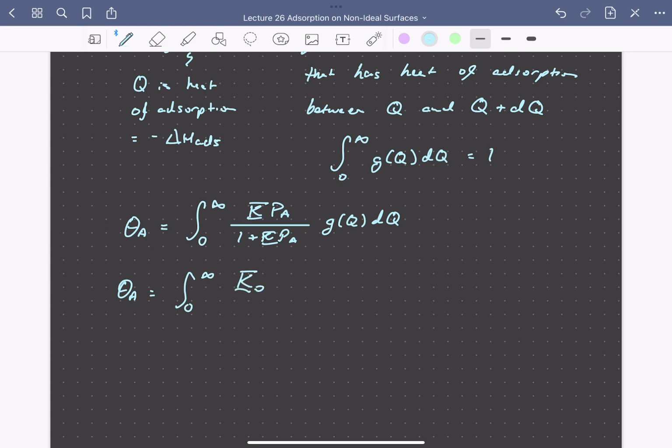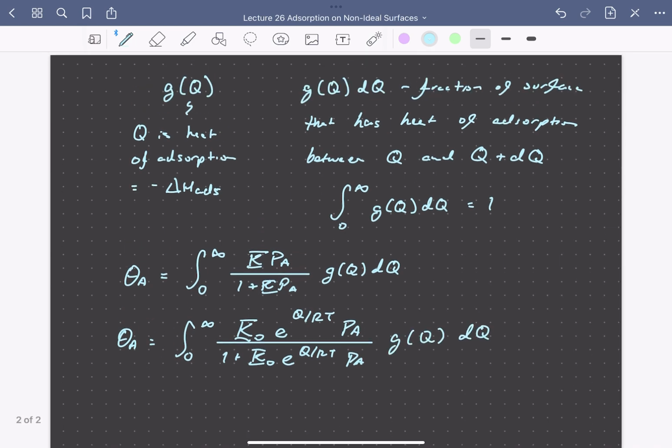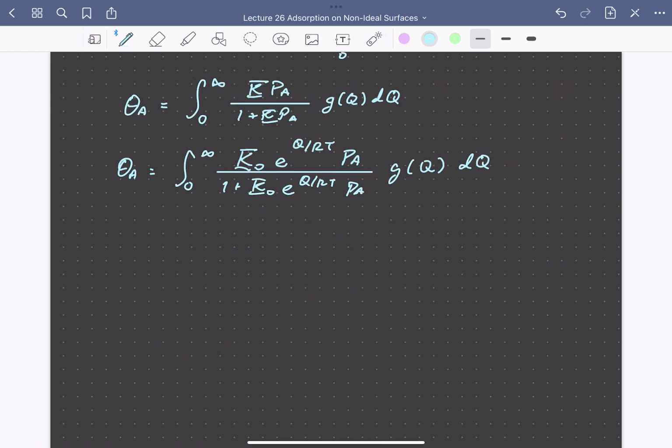We can write the entropic contribution as just a prefactor, K naught, and this depends on e to the minus delta H over RT, or just e to the q over RT, times the pressure of A, over this denominator, 1 plus K naught e to the q over RT P_A. Now you can see that this Langmuir isotherm part of our expression is also a function of q. So that's how we can solve this mathematically if we have some functional form for g of q.